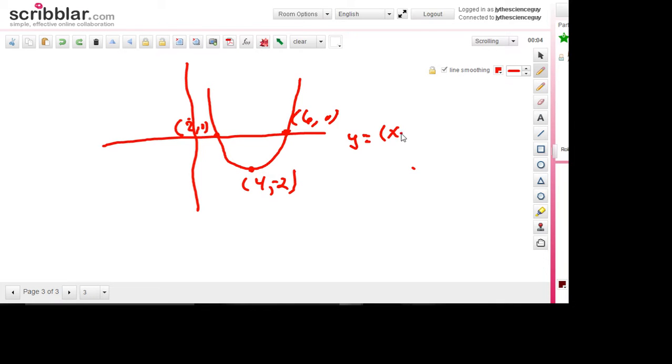Plus c. X minus h squared plus k. Okay, that's not at all. Alright. And there's an a here. Well, I don't remember this at all. I remember looking at parabolas, doing stuff with equations with them, but I don't remember this specific equation at all.